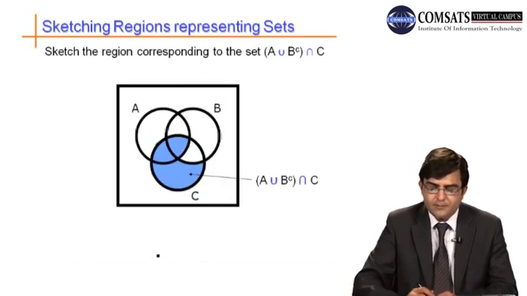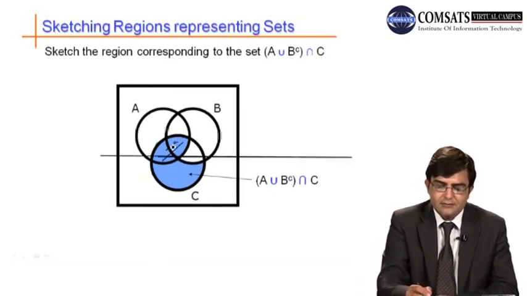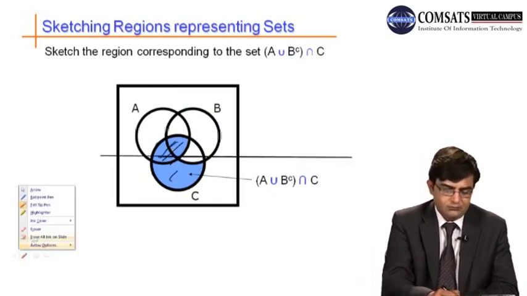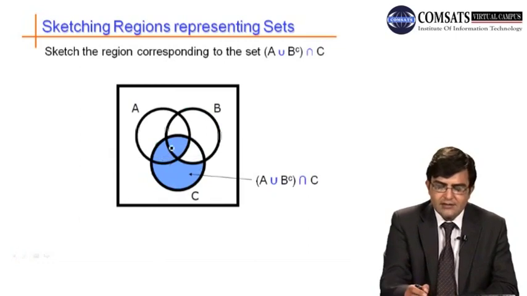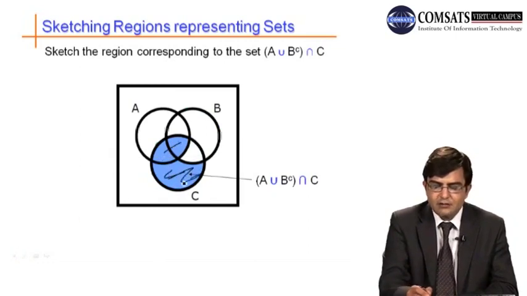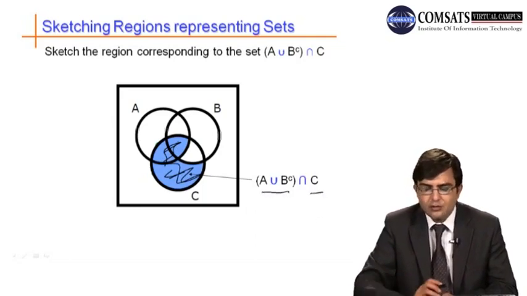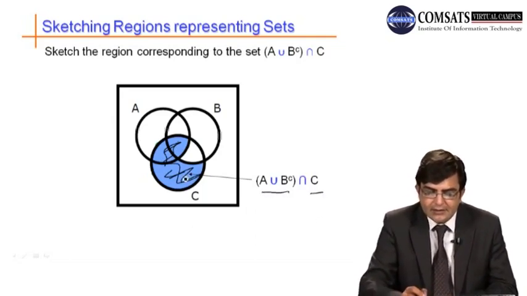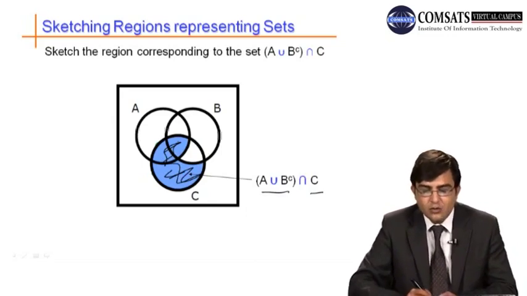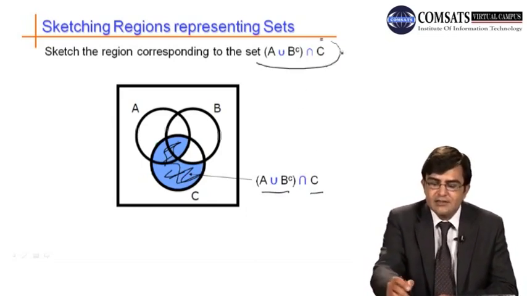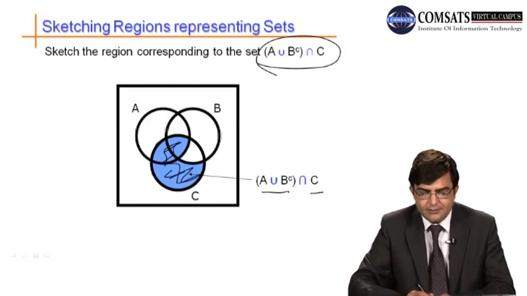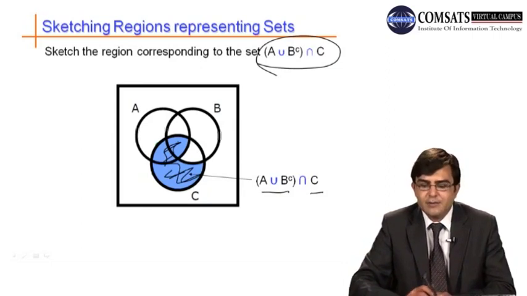So we obtain this region as the intersection of A union B complement and C. So this is basically the region which is required, which represents this expression. So this is how we can sketch or mark the regions which represent the given sets.